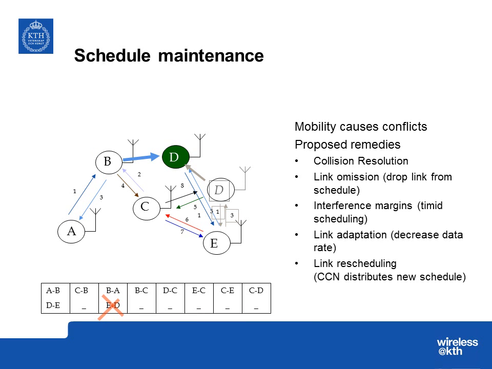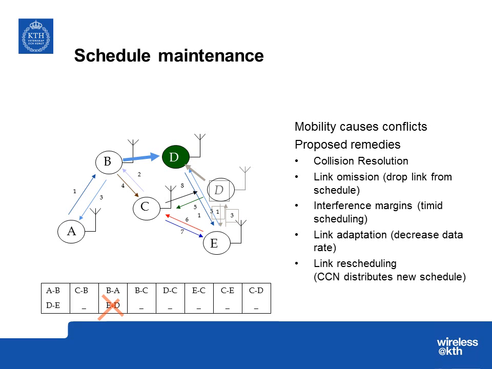Another problem is related to schedule maintenance and has to do with mobility. What happens if we have a mobile network and the different nodes move? In this example, node D moves closer to node B, and suddenly there is interference from node B. This means that the link E to D cannot be used at the same time as B to A, as station B will interfere with station D's receiver.